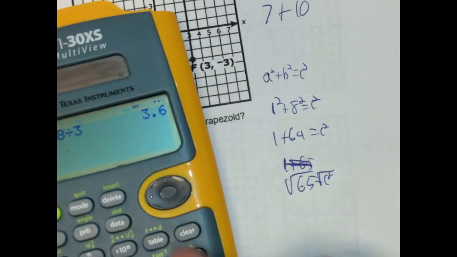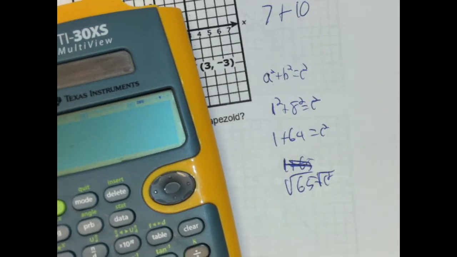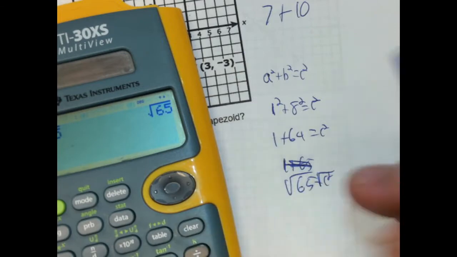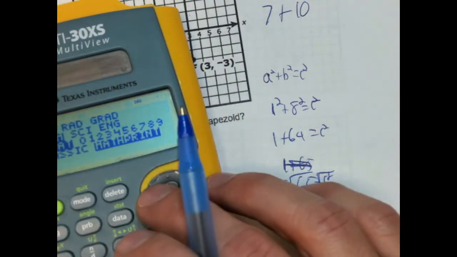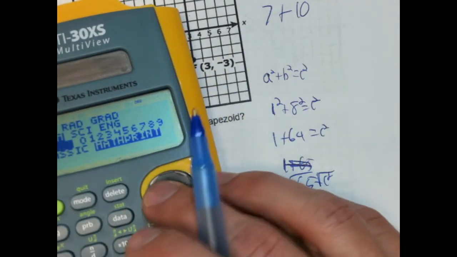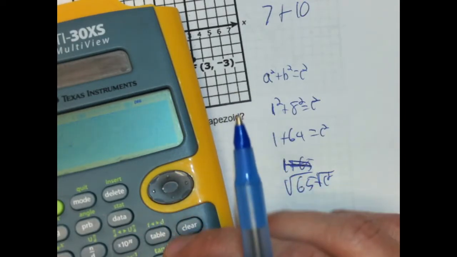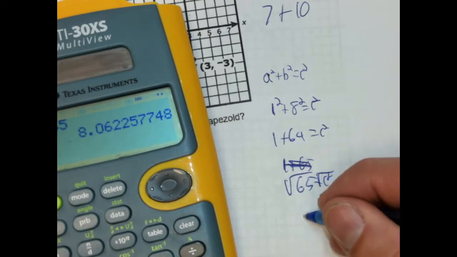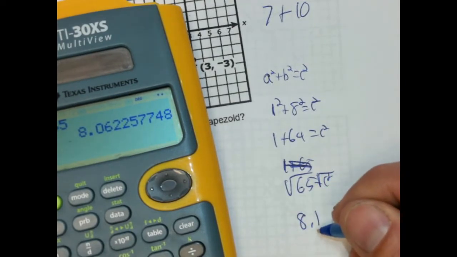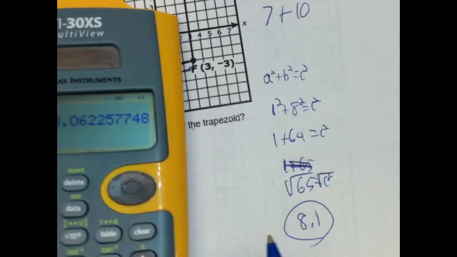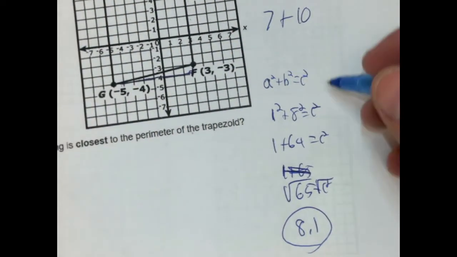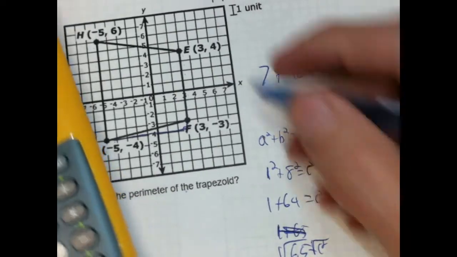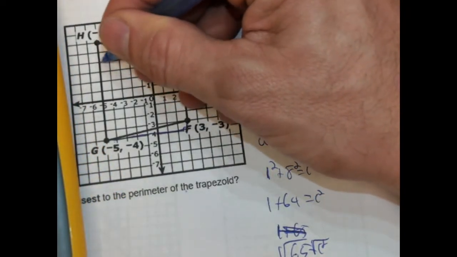We're going to make an estimation here because our answers are in decimals. So the square root of 65 is 8.1 rounded. And plus 8.1. And then the other one's going to be this triangle here.